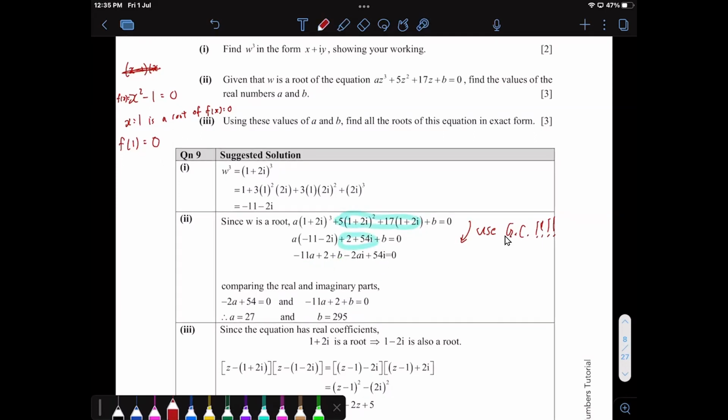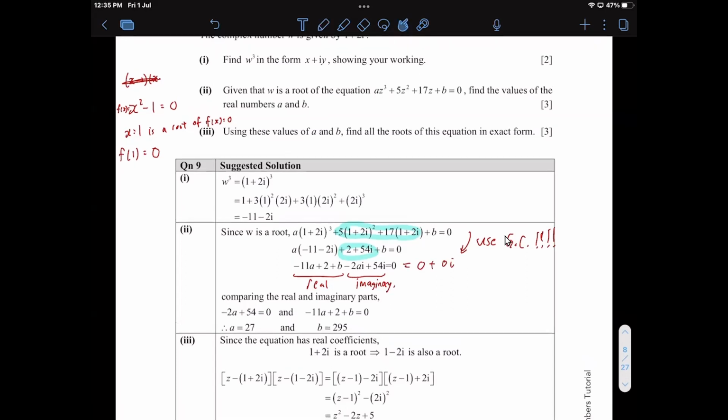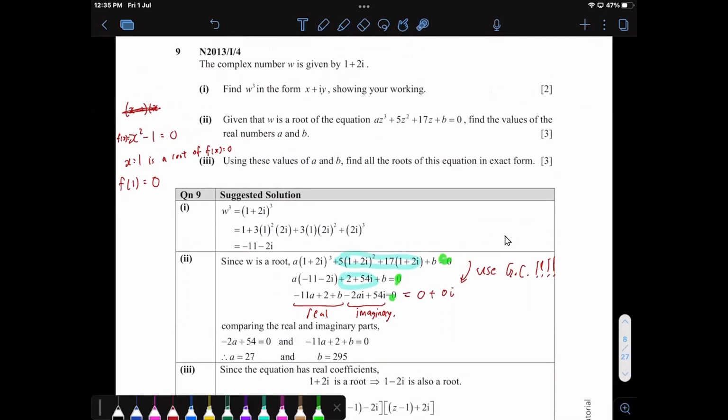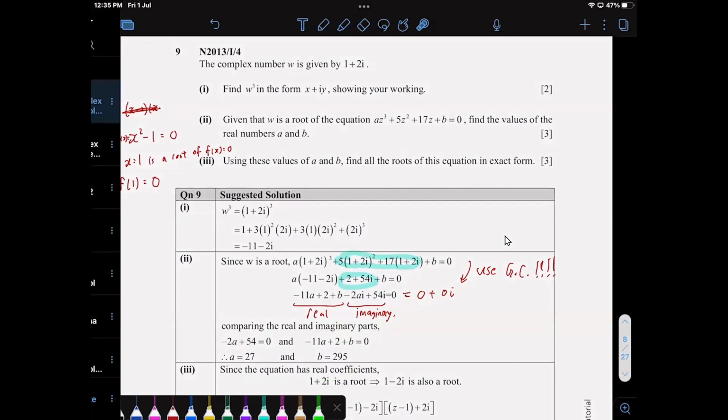I'll label this as real and this as imaginary. Then you can equate the coefficients, because 0 is really just 0 plus 0i. You leave the right-hand side alone, the 0 plus 0i, and write real and imaginary. Now you get 2 equations in 2 unknowns, then you can solve. No need to use the conjugate root theorem. Let me write that down for you.